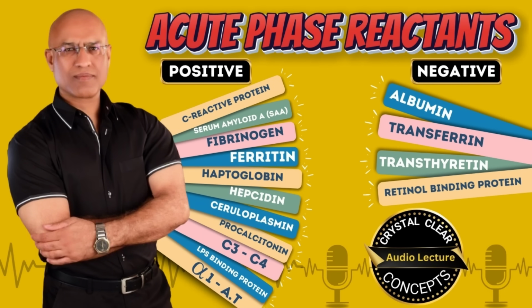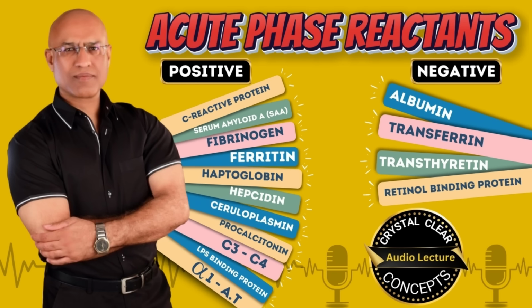These molecules which I'm going to discuss are also considered acute phase reactants, but they are not acute phase proteins. Let me repeat it. It means acute phase reactants are mostly proteins in nature, but there are some other molecules also which I'm going to talk about.